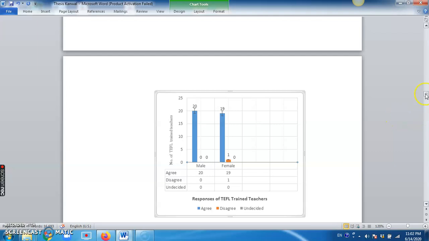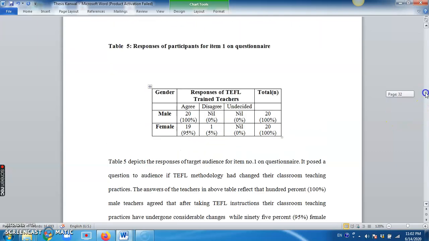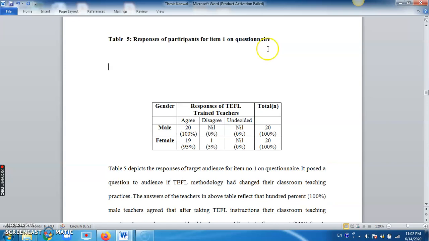You have to give responses of participants for item number 1 on questionnaire. Here there should be a brief note: the table number 5 below shows participants' responses to item number 1 on the questionnaire, which was regarding whether their TEFL methodology has changed their classroom teaching.